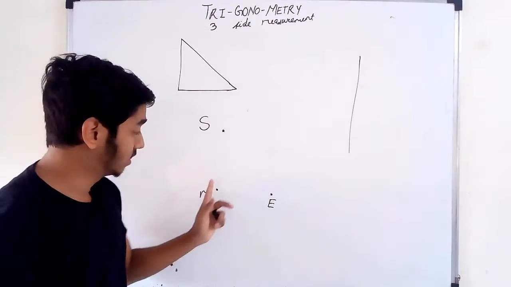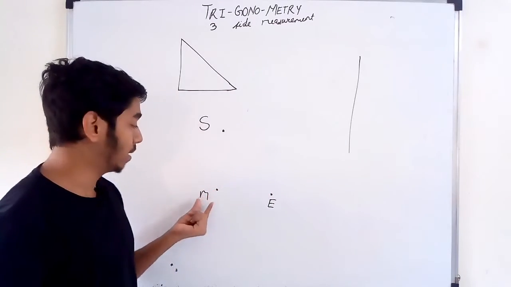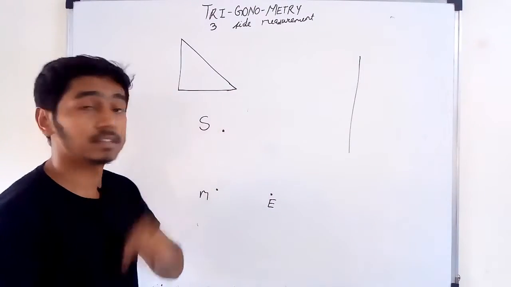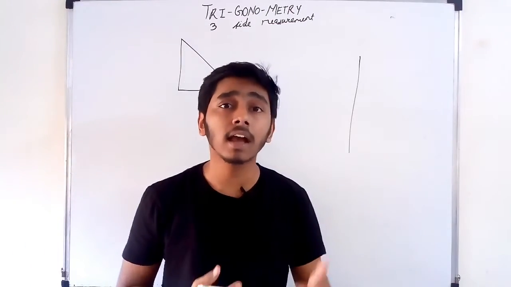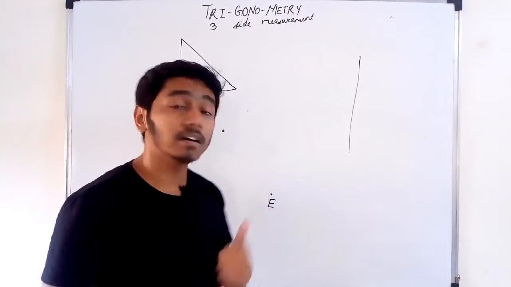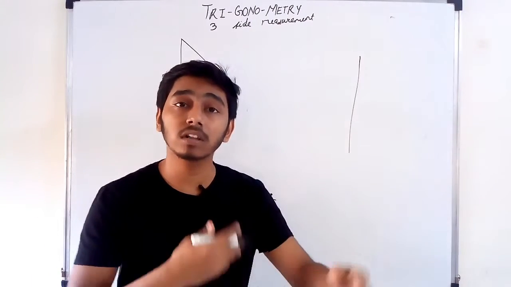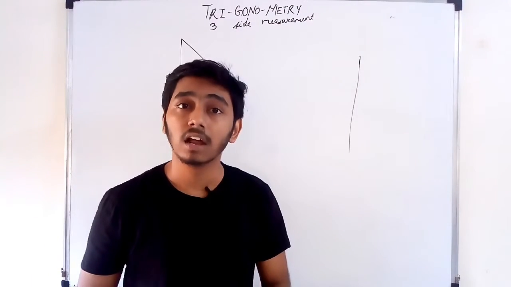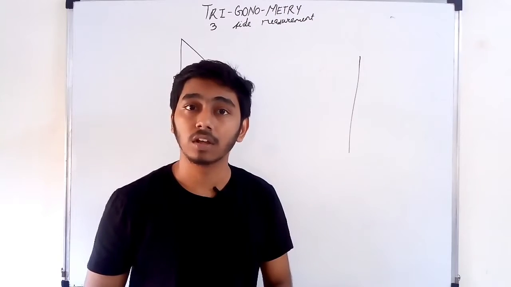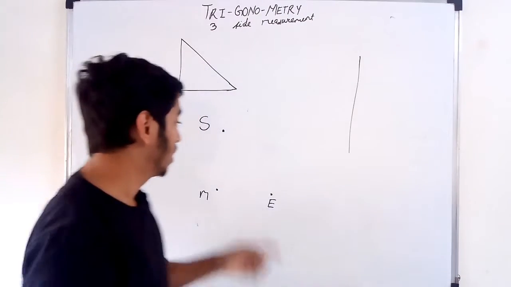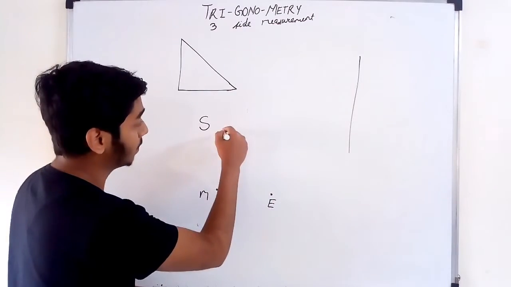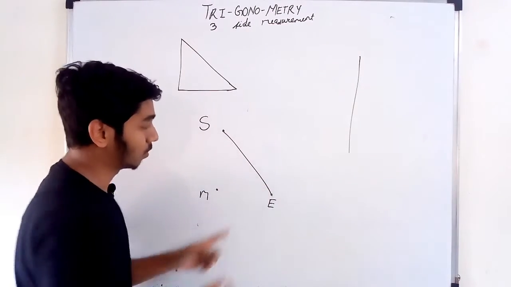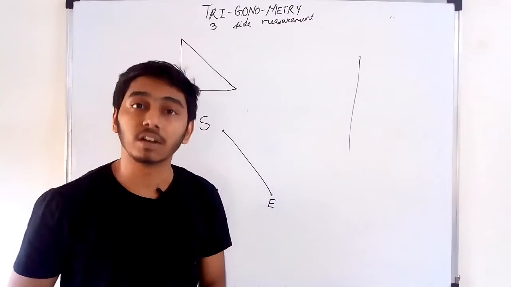Did you understand? The position of the moon is here, the earth is here, and this is the sun. Now, how do you think the distance between the sun and earth is calculated? How would the scientists have calculated it? Do you have any idea? Let me tell you that the distance between the sun and earth can be calculated using trigonometry.